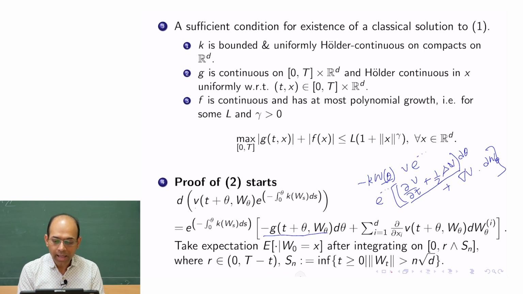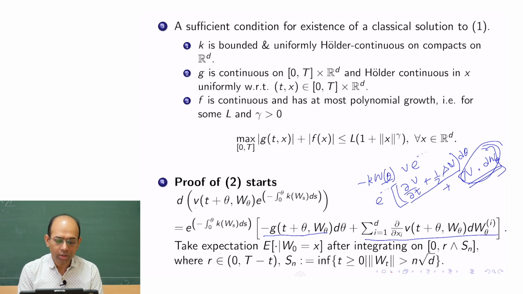And of course the term integrated with respect to Brownian motion, this local martingale term, would remain. This is a dot product, so you get a summation i equal to 1 to d of del del x i v of t plus theta, w theta, dW theta, the i-th component of that. That is the expression for this part.